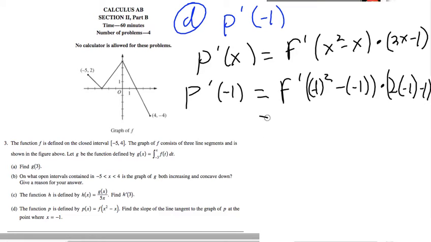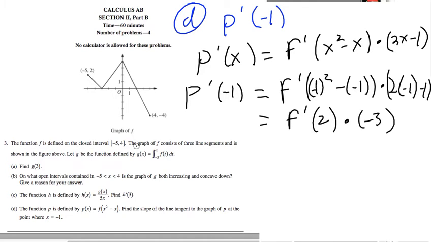All right, let me make sure I have this right. This is going to be f prime, this is 1 plus 1, f prime of 2, and then this is going to be times, I think, negative 3. I hope so. So what we really just need to know is what is f prime of 2?